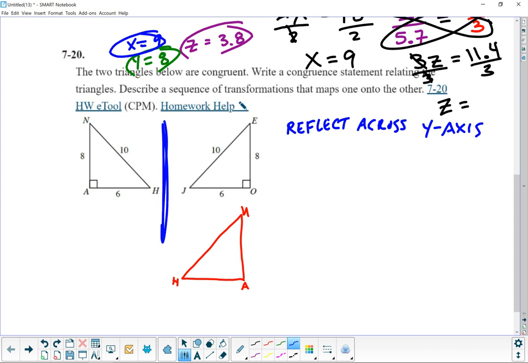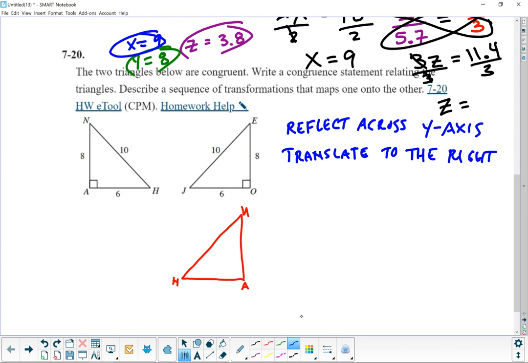So I would flip that across it. So this goes across. That's what happened. And then I would translate to the right. Okay. And that's where I would be at.